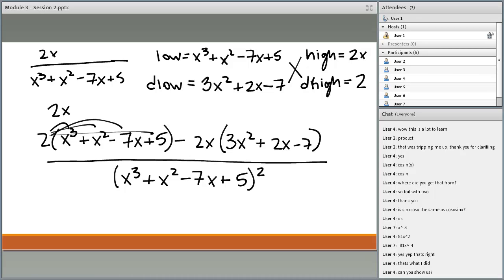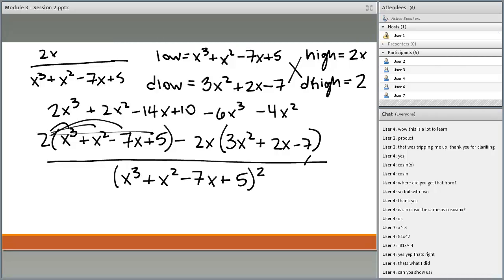So we would have 2x to the third plus 2x squared minus 14x plus 10, just from distributing that 2. And then distributing the negative 2x, so I would have minus 6x to the third minus 4x squared, and then plus 14x. So the negative negative gives us a positive. And so the minus 14x and the plus 14x cancel.